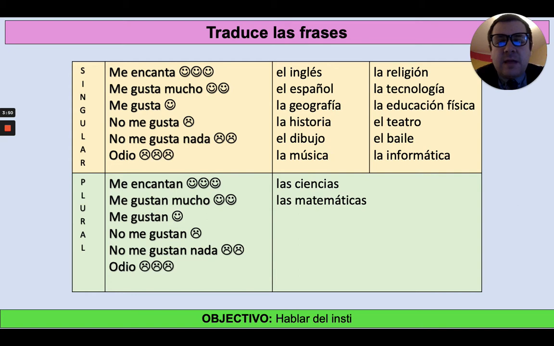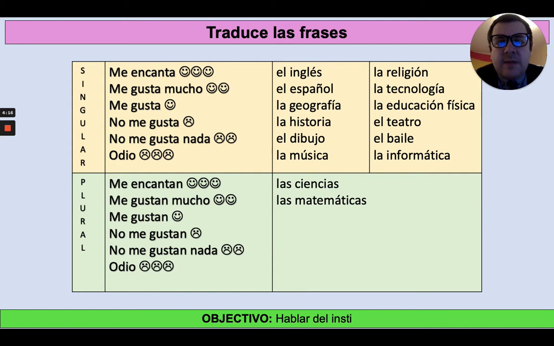The next one is odio las matemáticas. Okay, so odio las matemáticas means I hate maths. The next one is no me gusta nada la música. Okay, so no me gusta nada la música means I really don't like music.